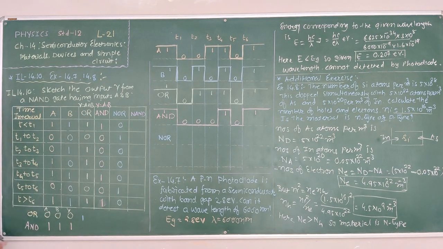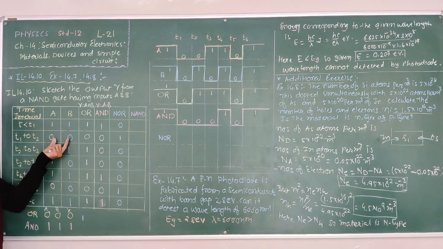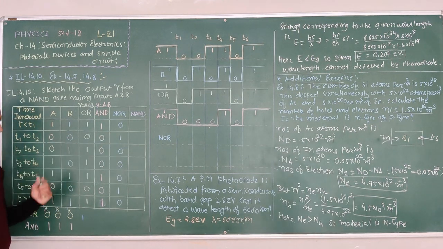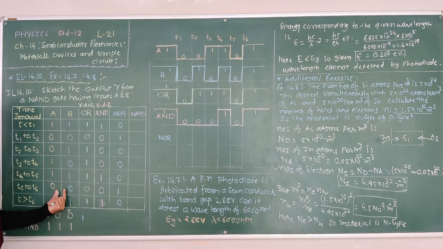So the NOR output is the inverted output of the OR gate. OR gate has output 0 if both inputs are 0, and NOR gate has output 1 if both inputs are 0. Therefore, for these two, both inputs are 0, output is 1. Again, in this case, both inputs are 0, output is 1.